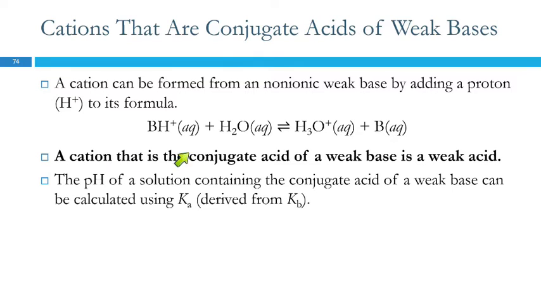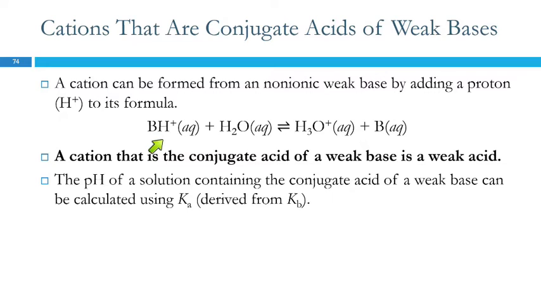So a cation that's the conjugate acid of a weak base is a weak acid. So here's our weak base. When this acts as a base, it's going to pick up a hydrogen ion and make this cation. That's a weak base.